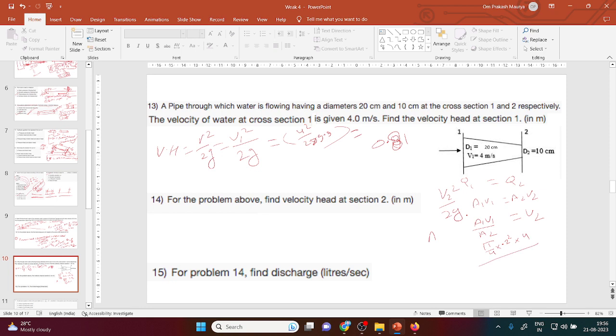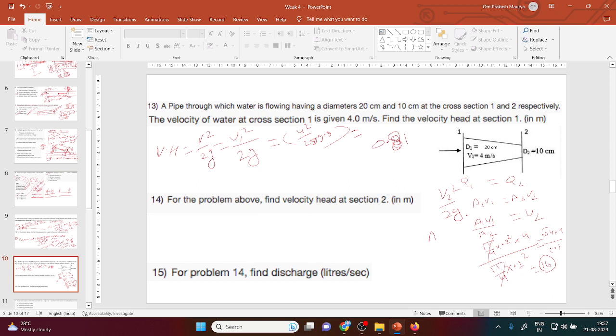Velocity is 4, divided by pi by 4 into 0.1 square for section 2, pi by 4 is cancelled. Now 0.04 into 4 divided by 0.01, that is 16.